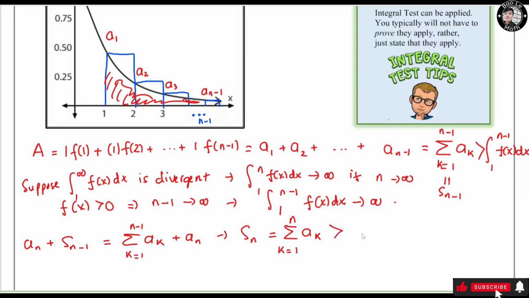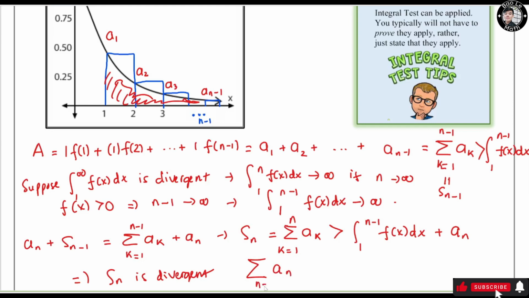This guy is greater than the integral from 1 to n minus 1 of f of x dx plus a sub n, right? So we can conclude that the partial sum S sub n is divergent, right? Then the series a sub n when n equals 1 to infinity is also divergent, right?